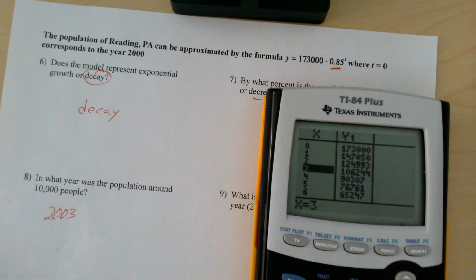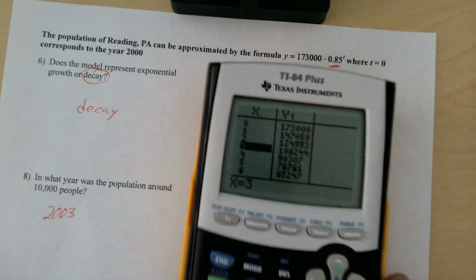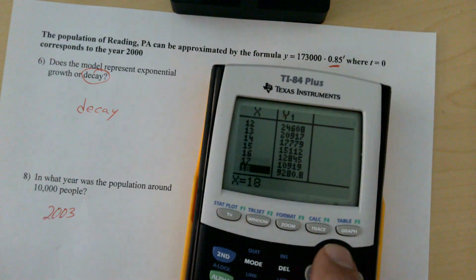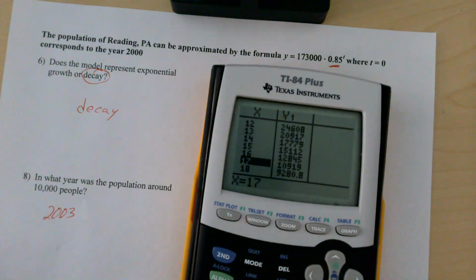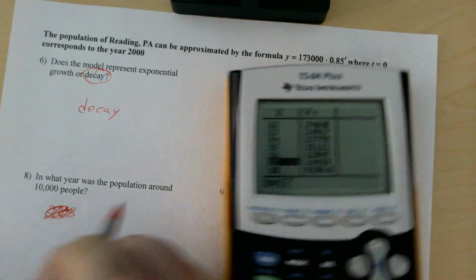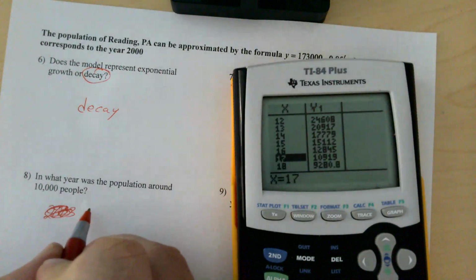No, I didn't. Sorry. It's 10,000, not 100,000. So let me go. I have to go down even more. So you're going to go all the way down. I'm glad I looked at that a little bit closer. In 2017. Okay. So in 2017, I thought it was 100,000 because of my eyeballs.